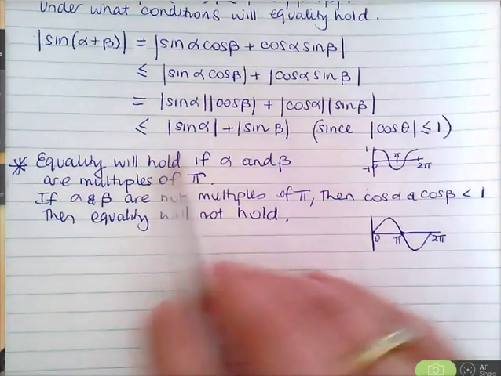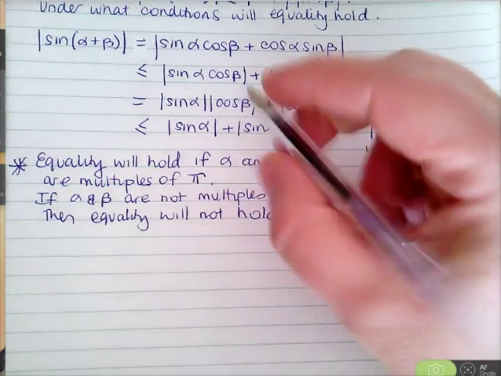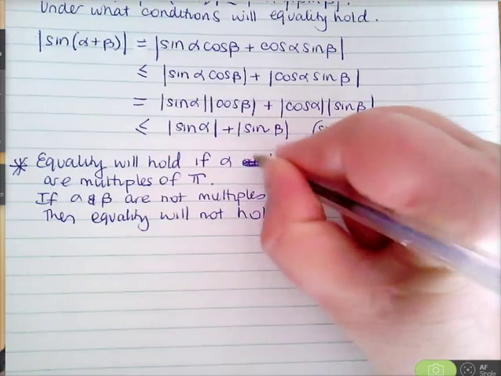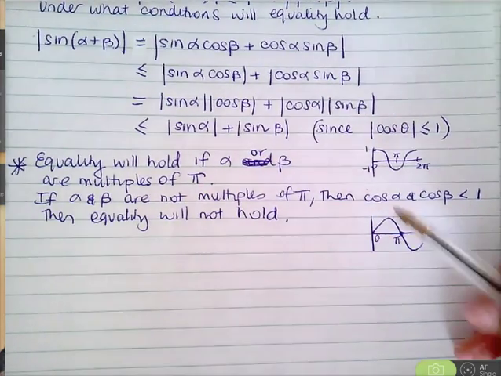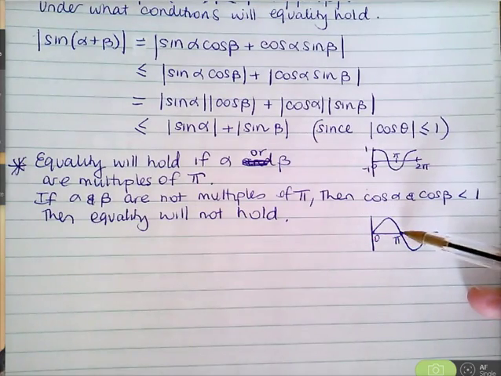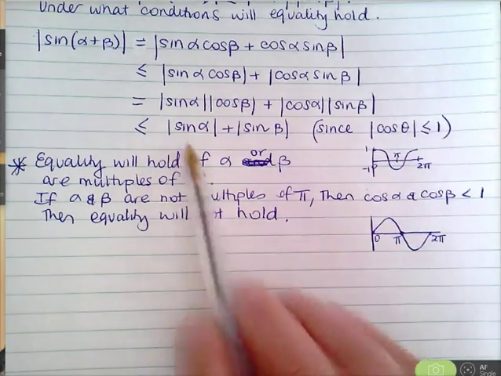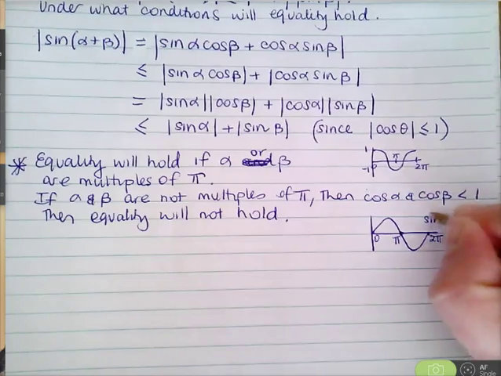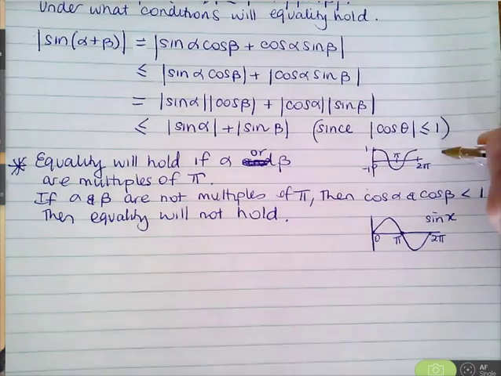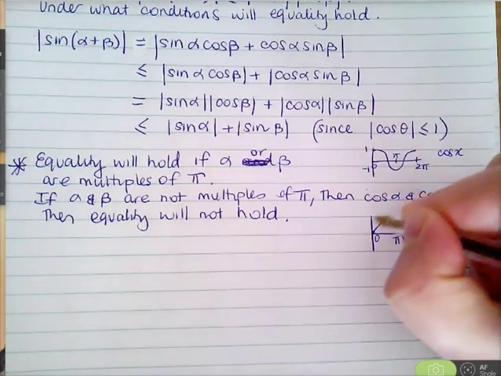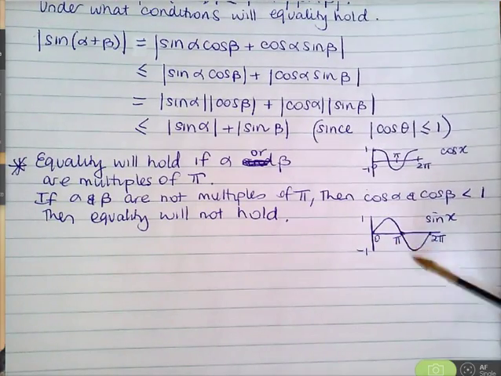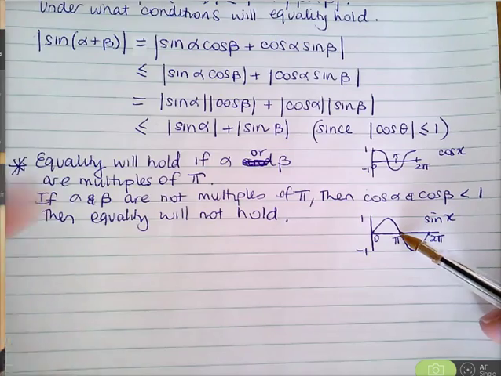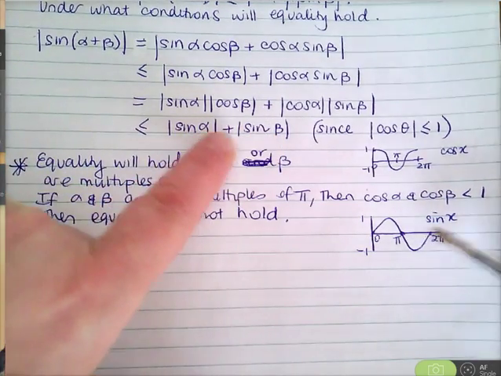Okay, just clarifying something here. Equality will hold if alpha, actually only one of them needs to be a multiple of pi, if alpha or beta are multiples of pi. Because if they're both multiples of pi, then looking at the sine curve here, and this is my cos curve here, alpha and beta will both be 0.